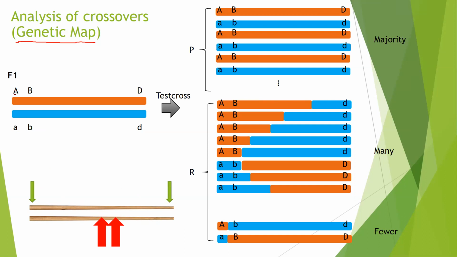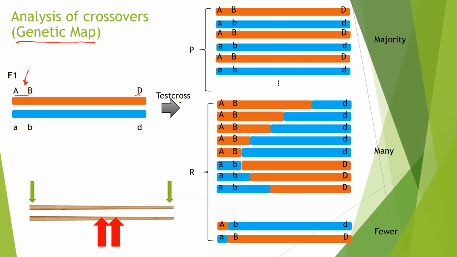Let's look at this example. We have three genes here: A, B, and D. The distance between B and D is very large, but A and B are very close. In this case, we say A and B are tightly linked. A, B, and D are all linked genes because they are on the same chromosome. However, A and B are tightly linked because they are very close to each other, while B and D, and A and D, are weakly linked.